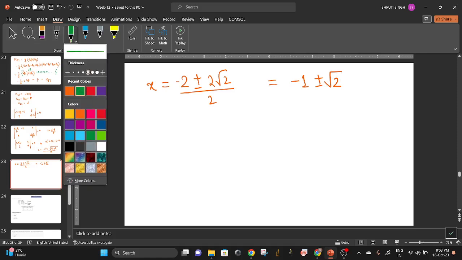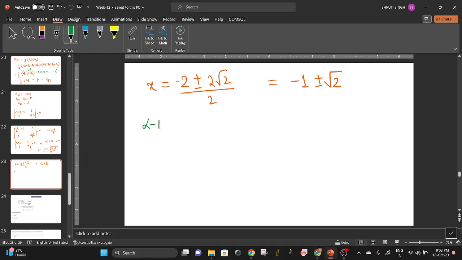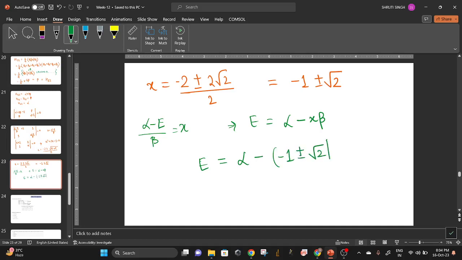Energy was alpha minus E by beta equals x, so energy is equal to alpha minus x times beta. So E is equal to alpha minus x, that is, minus 1 plus minus root 2, times beta.